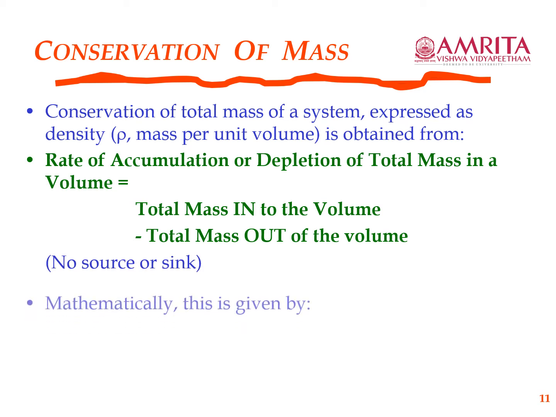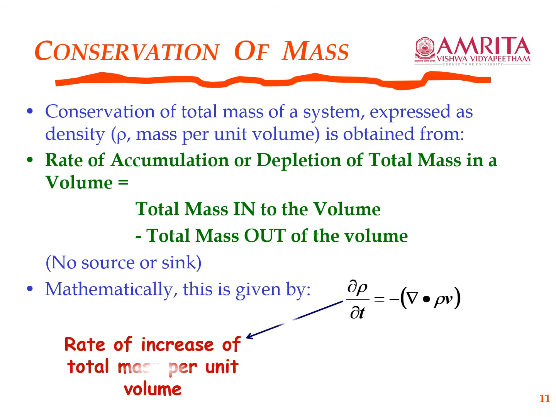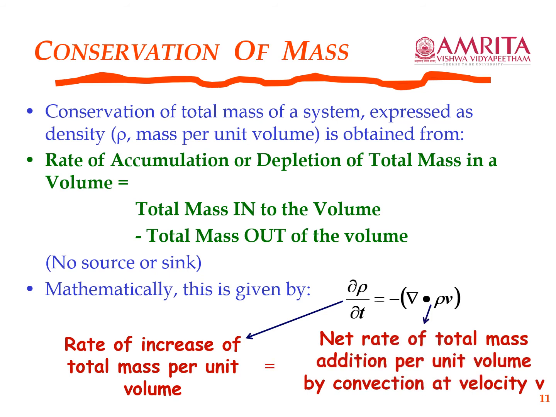Therefore, mathematically, this is expressed as ∂ρ/∂t = −∇·(ρv). The left side term is the rate of increase of total mass per unit volume, the left side of the equation given in green font, and the right side is the net rate of total mass addition per unit volume by convection at a velocity v, that is, total mass in minus total mass out.